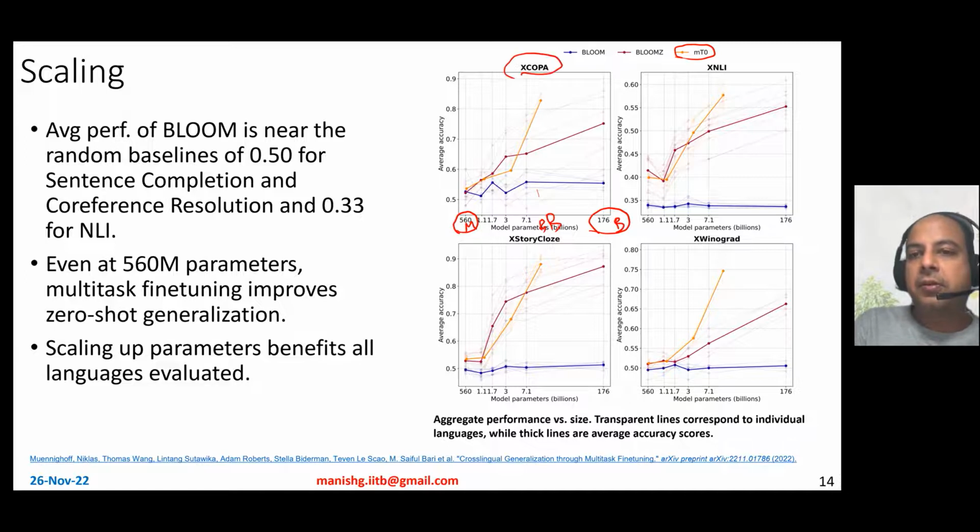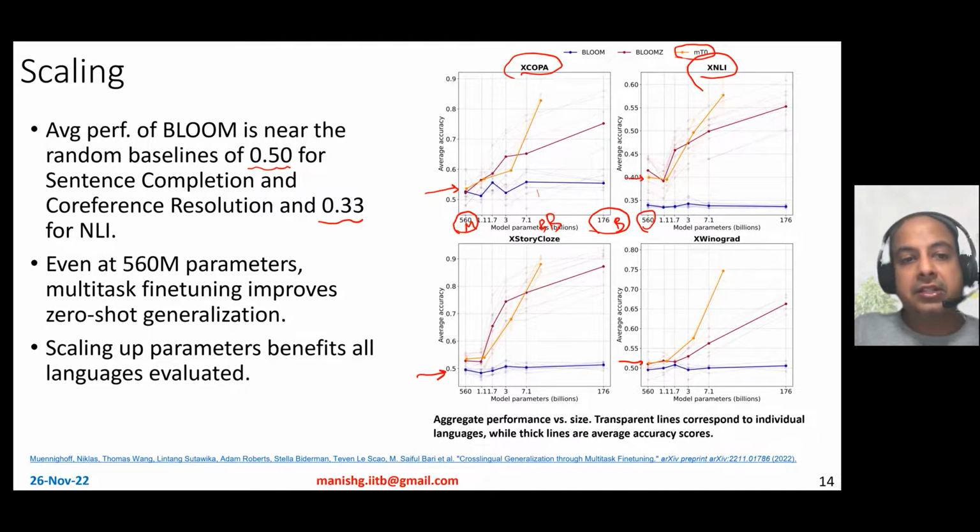So across different tasks, you observe a few things. You observe that 560 million parameter models typically give you random classifier accuracies. For example, random classification accuracies would be 0.5 for sentence completion and coreference resolution, and 0.33 for NLI. So the smallest models essentially give you more or less random accuracies.